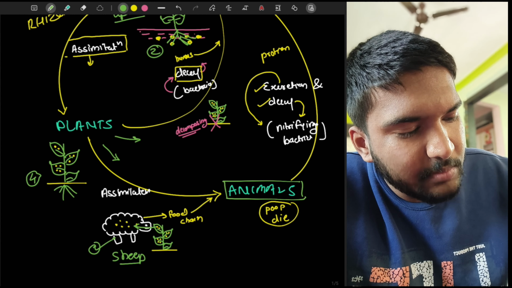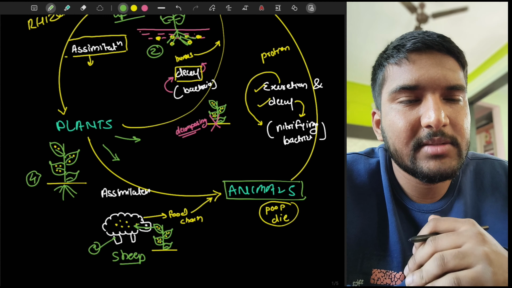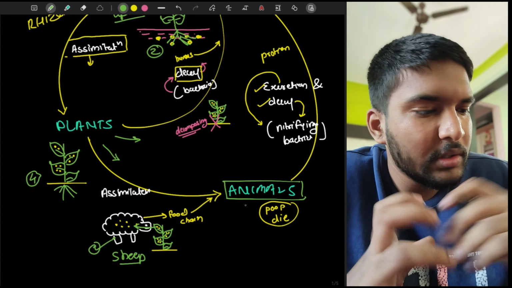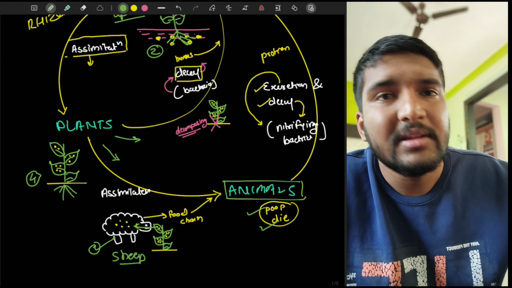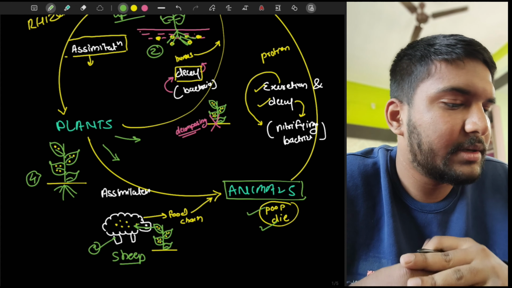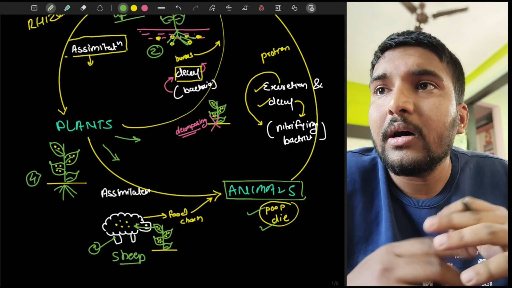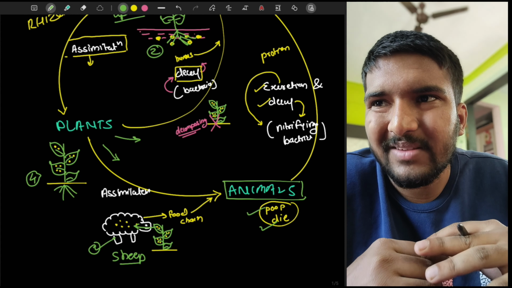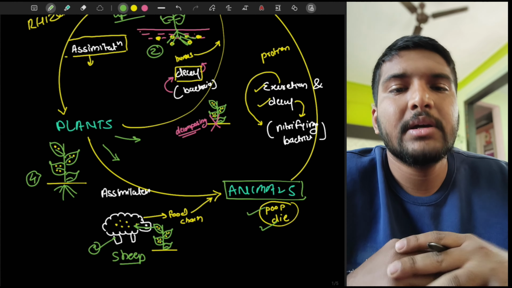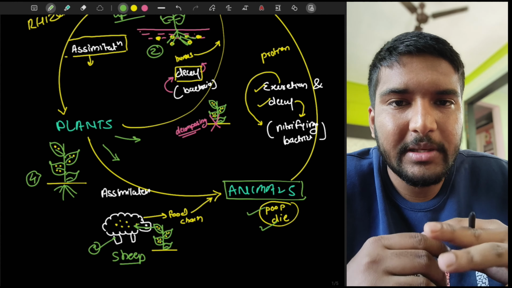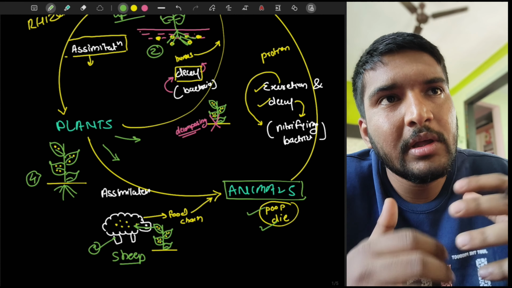Now there are two possibilities, possibly more, but let's talk about two. The first one is that the animal would poop, and the second one is that the animal would die. The third one is that the animal can pee as well. But talking about poop and pee, this is defecation or excretion. Nitrogen compounds also exit the human body or animal body or any living organism through excretion.